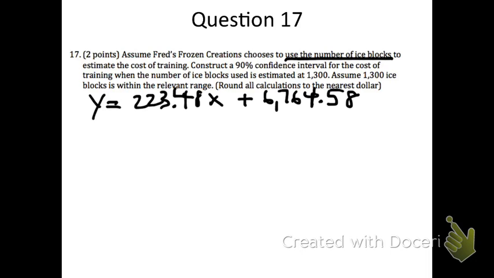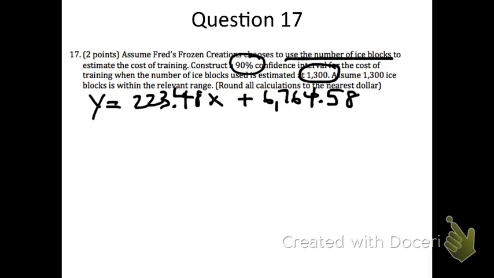Okay, happy with that. So when we're building a confidence interval, what we're trying to do is provide a range, a bottom limit and an upper limit. That range will give us a confidence level that if I actually incur or use 1,300 ice blocks, the actual cost of training will be in that range.